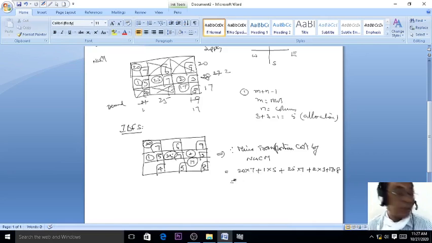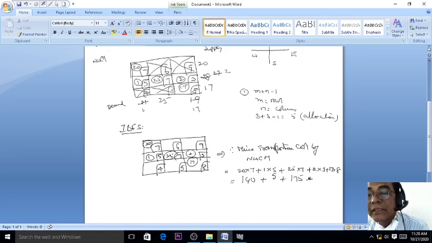So 20 into 7 is equal to 140, plus 1 into 5 is 5, plus 25 into 7 is 175, plus 2 into 3 is 6, plus 17 into 8 is 136.